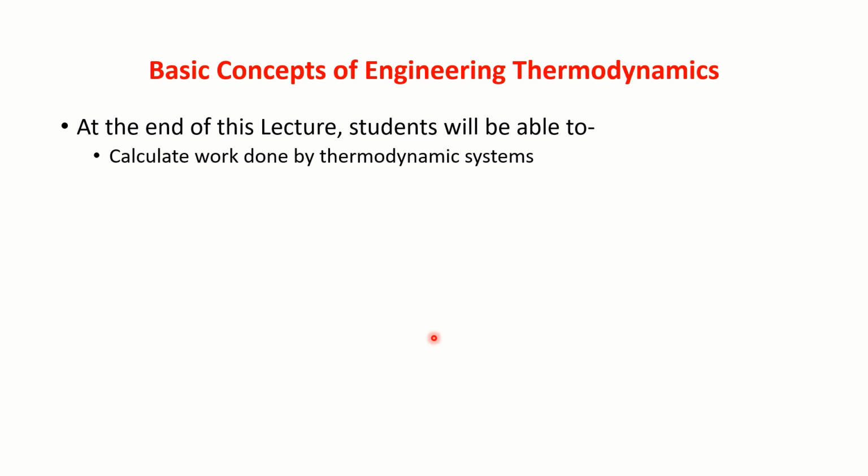Now let us learn a few examples of how to calculate work done by thermodynamic systems or work done on thermodynamic systems. So in this particular session, let us work out some examples to calculate the work done.